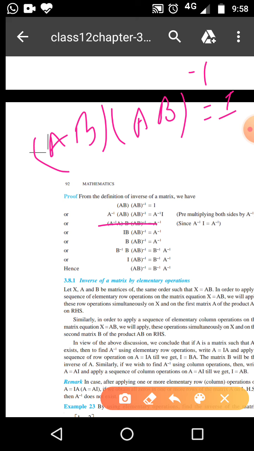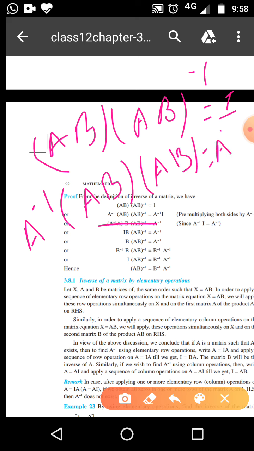A inverse A B (AB) inverse = A inverse I. So A inverse A is I, so B (AB) inverse = A inverse.